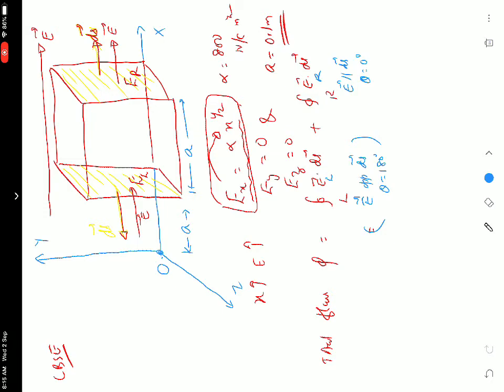So the total flux phi is equal to closed integral E on the left side face ds, and it is minus cos 180, then plus closed integral E on the right side face E ds cos 0. What is ds here?